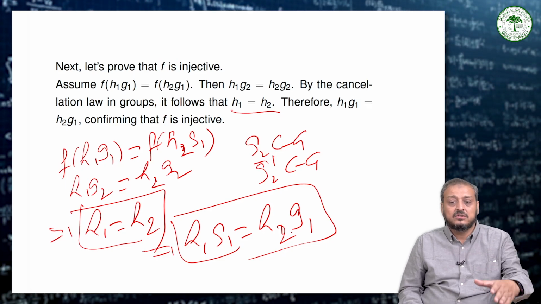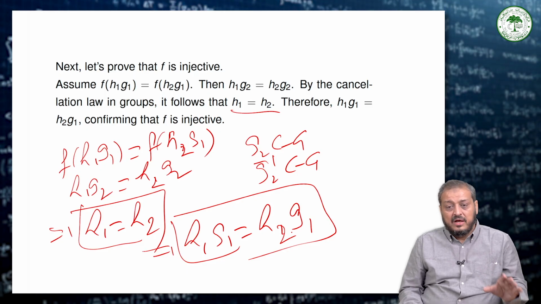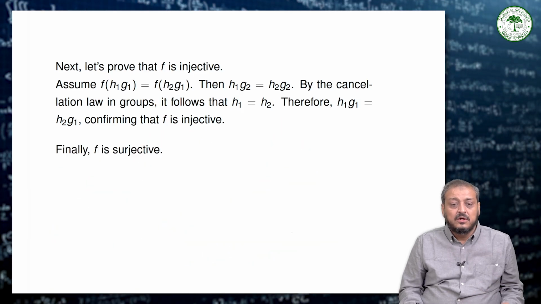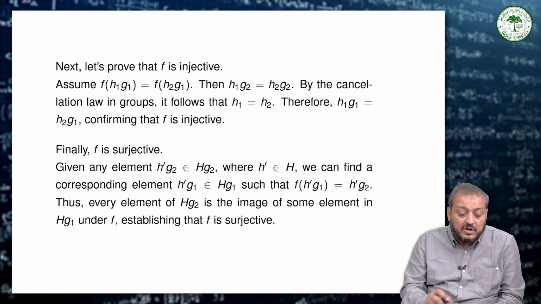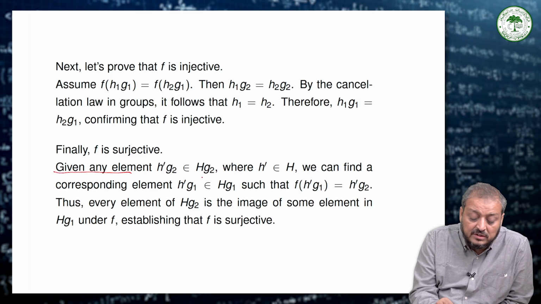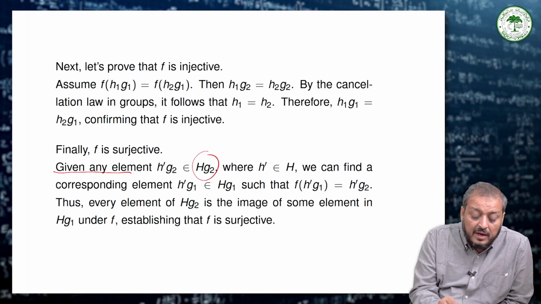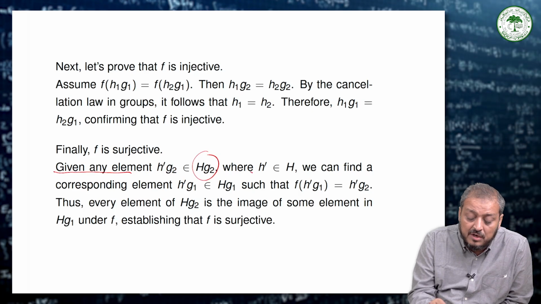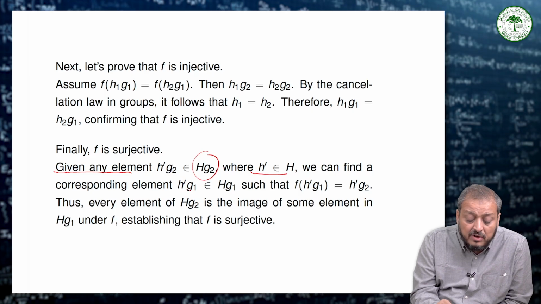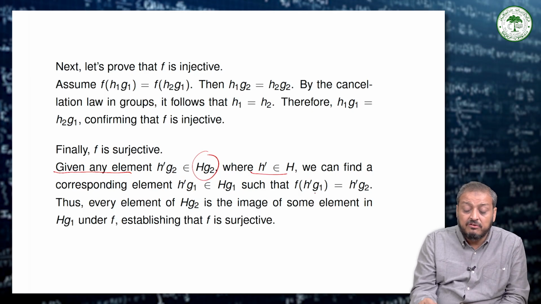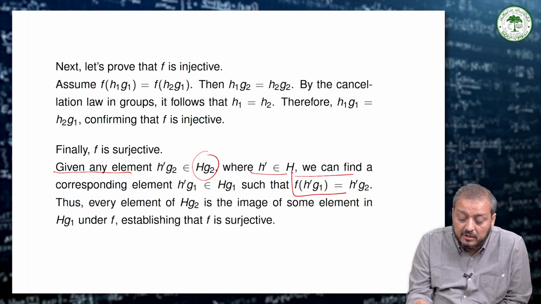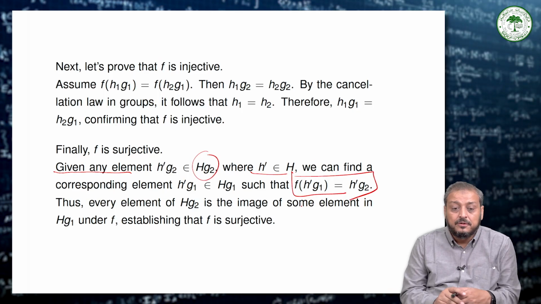Now the last part is to show that this f is onto. For onto-ness, we take any element h' g2 of H g2, for some h' an element of H, and then we can find a corresponding h' g1 belonging to H g1 in such a way that f of h' g1 is equal to h' g2.